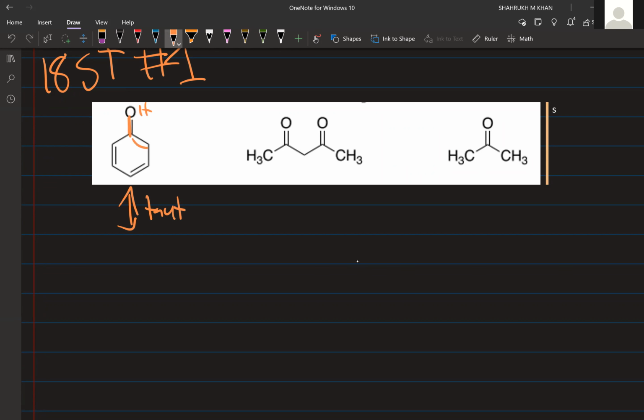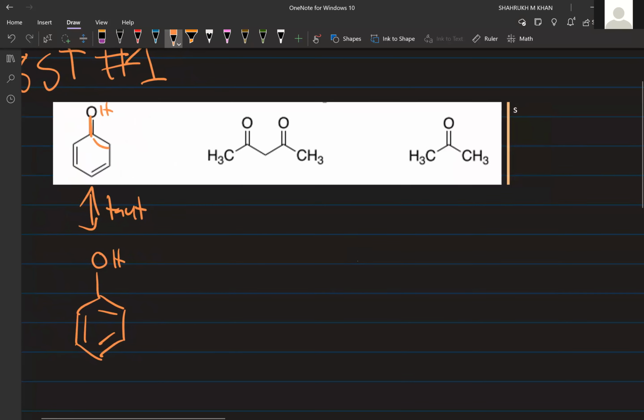It's now going to be there. So the resulting enol will look like this. This is one of those examples from the textbook, and probably in lecture too, of one of the few enols that exists in its enol form.